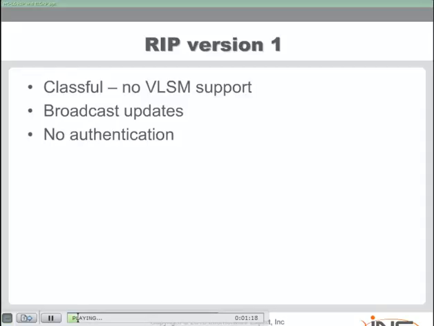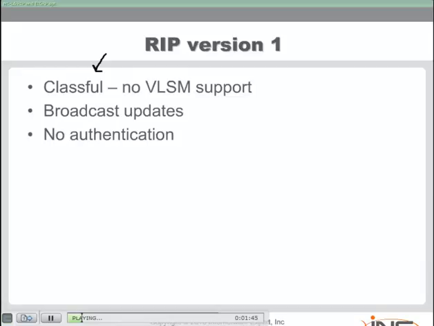One of the things that we find is RIP version 1 is classful. We really didn't talk in the last lesson about the difference between classful and classless, and it's this simple. RIP is classful because it doesn't send subnet mask information in its routing updates. Uh-oh, not good.